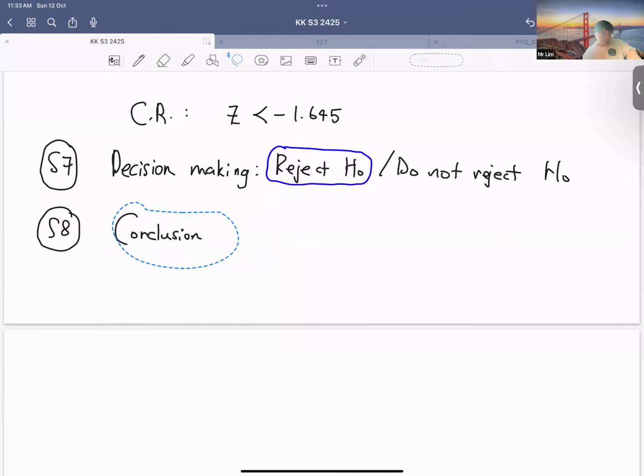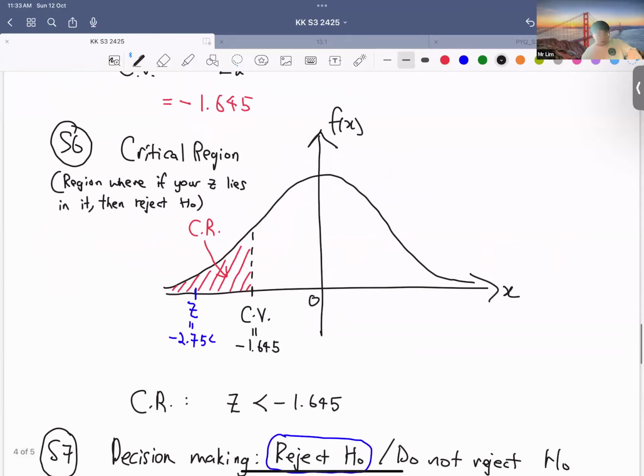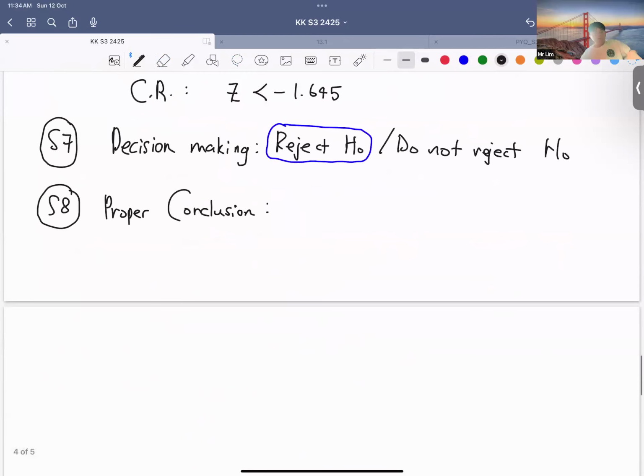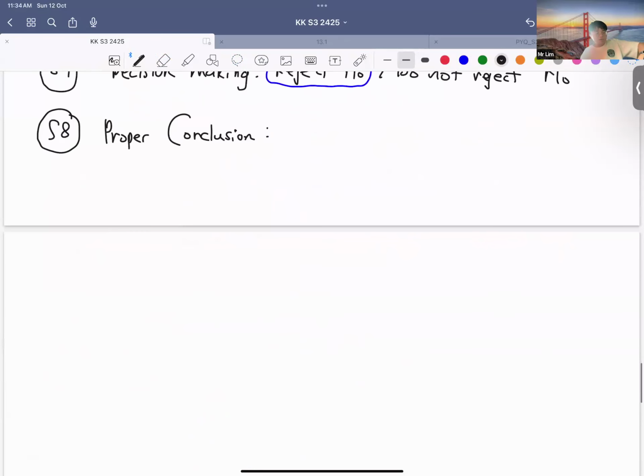Formal conclusion. We have two conclusions: the formal conclusion and another is the situation conclusion. How to say a proper conclusion? This is always a very systematic way to say.